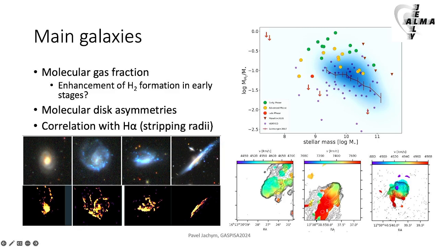What I tried to do is show different colors for the different stages of stripping, from green for early, through intermediate or advanced, down to late phases. You can see there is a trend. The early stages seem to be above the distribution, so they seem to have more H2 than they should. And then the late ones, some of them not detected, are generally below.